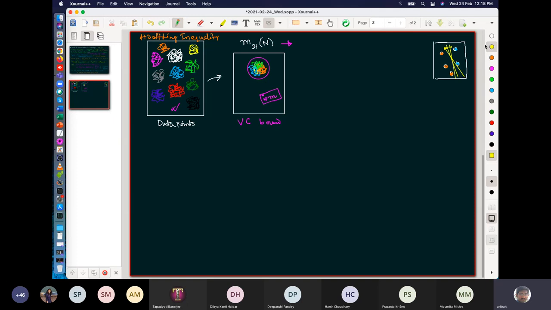The second intuition: if you look into the formula, this was the formula that we wanted to bound with something. Here the culprit is this one, because when you go to the number of dichotomies, you do not know what is out of sample.